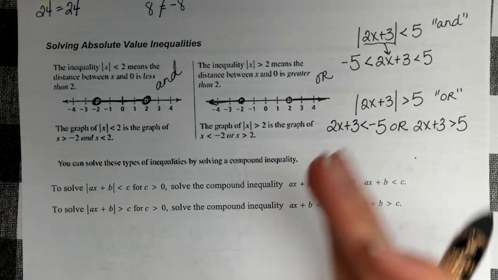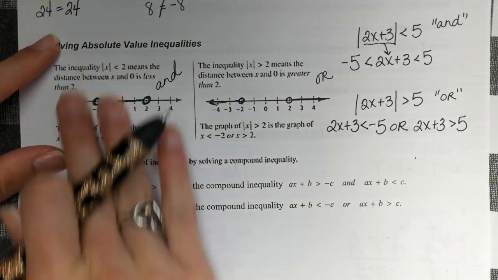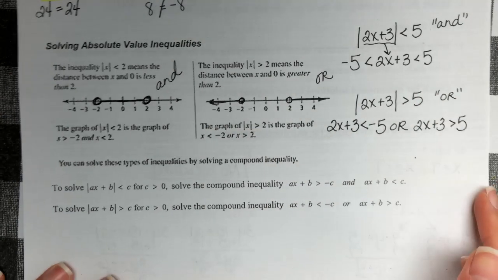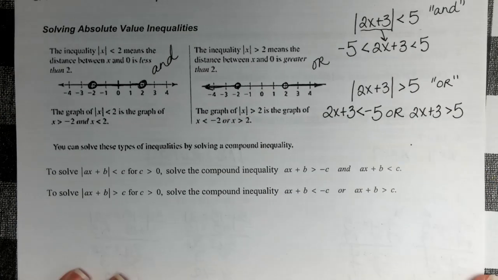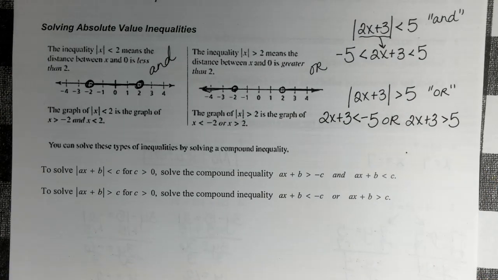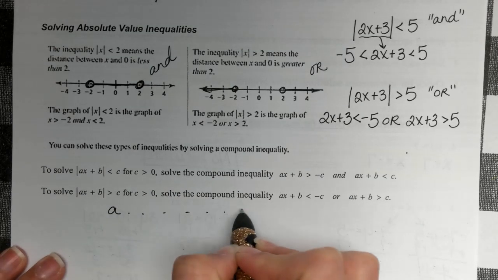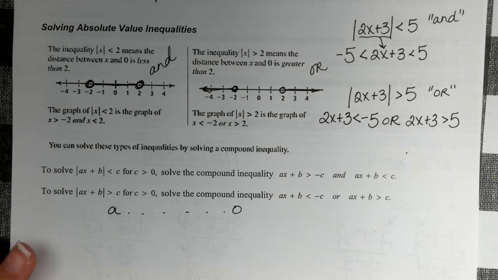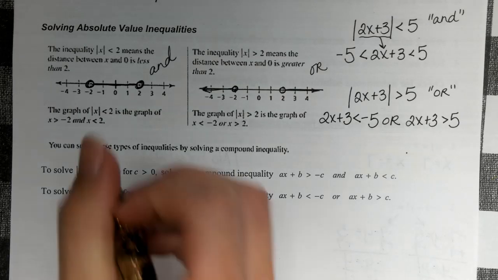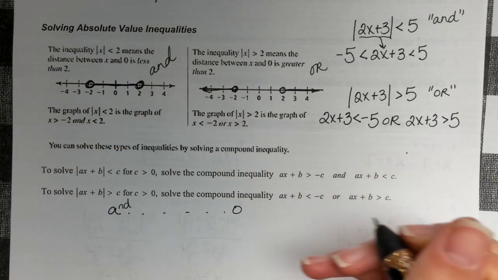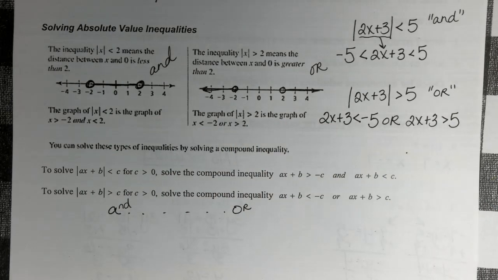Now, that's the why behind why it's an "and" and why it's an "or." Now I'm going to tell you a trick to memorize how to know whether it's an "and" or an "or" when you're doing your work on your own. If you visualize the alphabet, A all the way to O. Visualize that in front of your head. You start with A for "and," go all the way to O for "or."